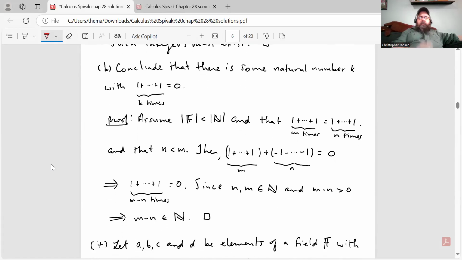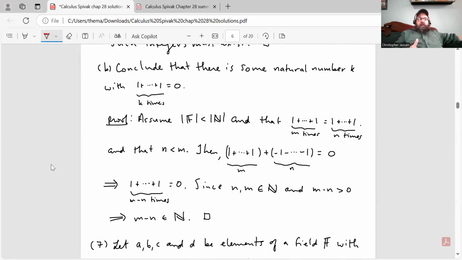Part B, conclude that there's some natural number k with the sum of one with itself k times equals 0. So again, if we assume that F is finite, and that the property in part A holds for some n and m, and that n is less than m, then the sum of one with itself m times plus the sum of negative one with itself n times is equal to 0.